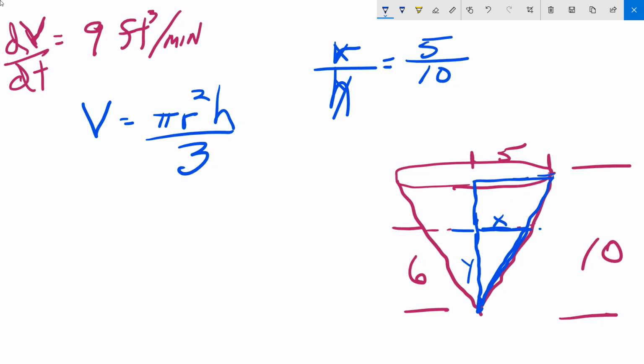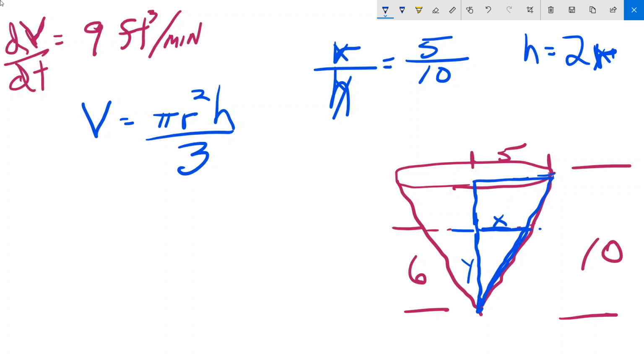So let's solve for h. h equals 2r. I'm going to use the proper variables.